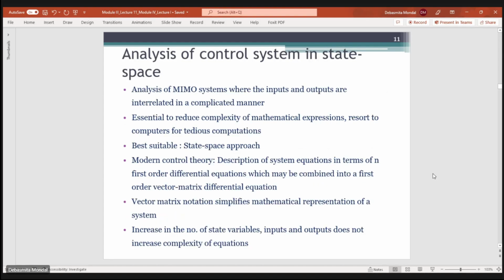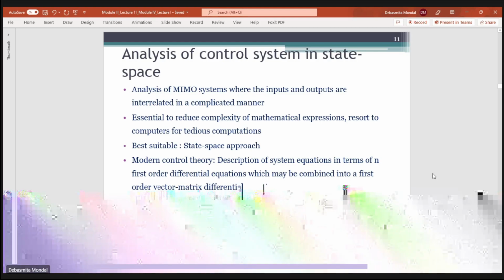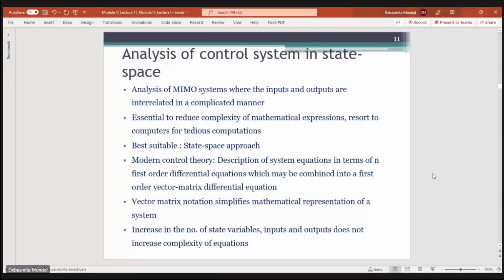This state space approach in modern control theory is also a time domain analysis. In conventional control theory, as we'll see later when we talk about the frequency response of a system, analyzing a system in the frequency domain using the transfer function is easier if the system has a single input and a single output.